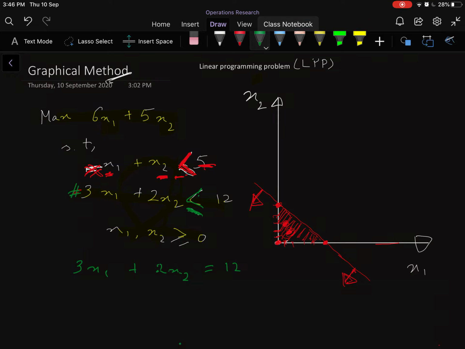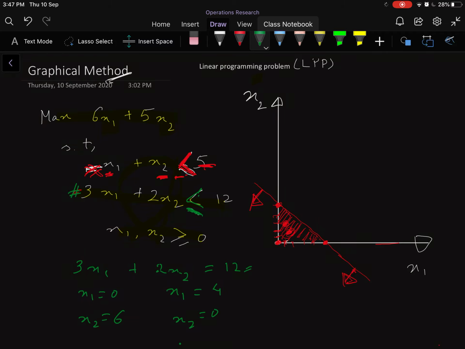Okay, now let's find out 2 points which satisfy this particular condition. There is thrice x1 plus twice x2 equal to 12. If we consider x1 equal to 0, then x2 equal to 6 would satisfy this condition. Similarly, if we consider x2 equal to 0, then x1 equal to 4 would also satisfy this equation.